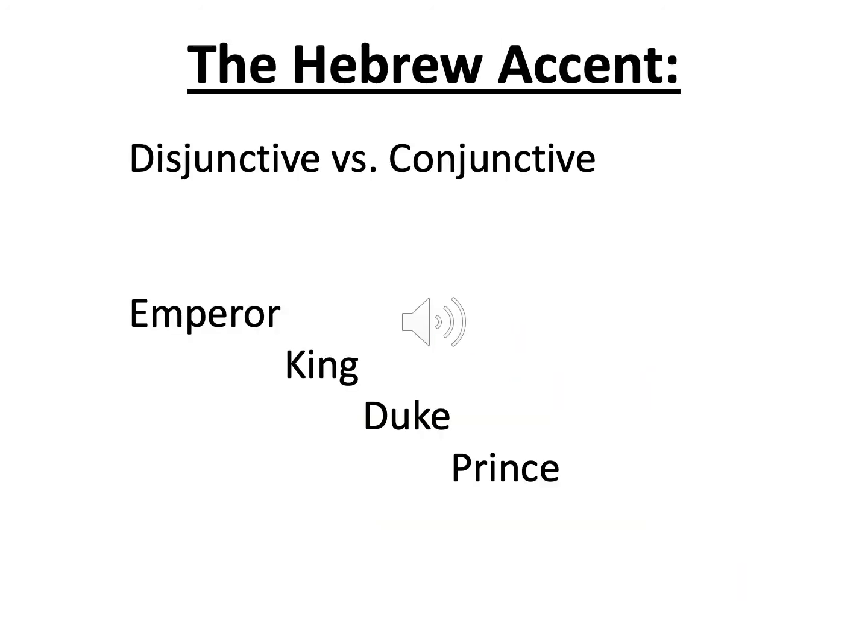Just a quick refresher on the importance of accent marks within the Hebrew text. Remember, of course, that the accent marks have been added in by the Masoretes about 1,000 years after the time of Christ, although based on a tradition that apparently precedes the time of Christ. So there is great history and tradition behind it.